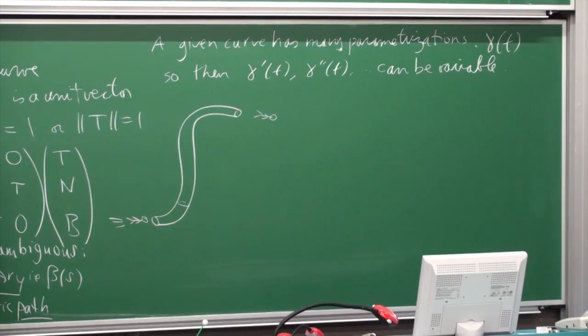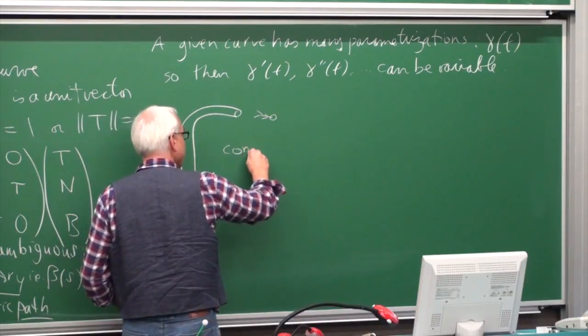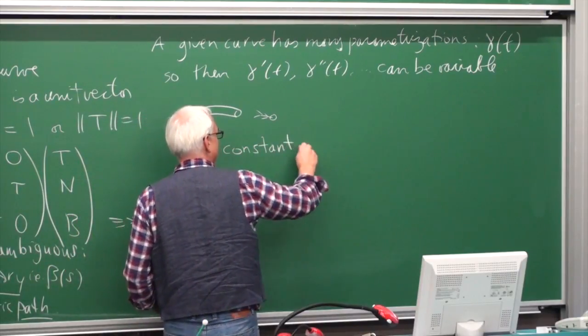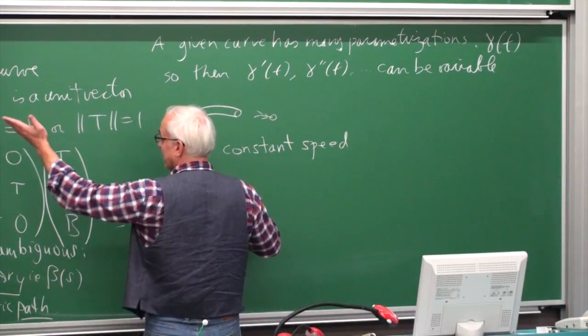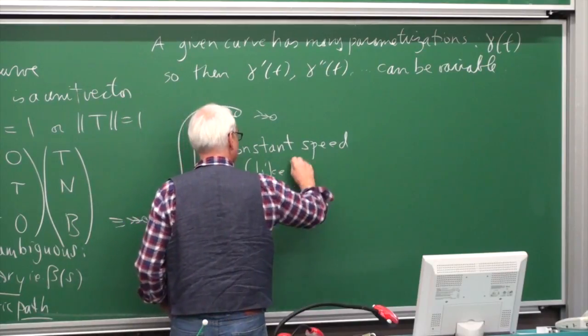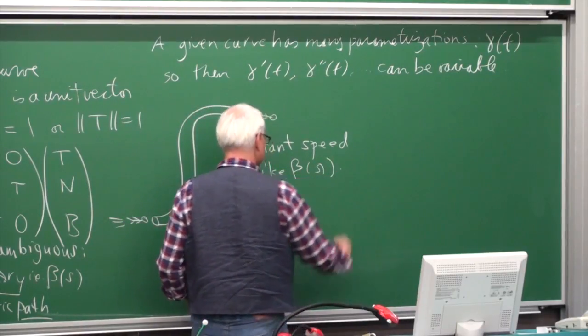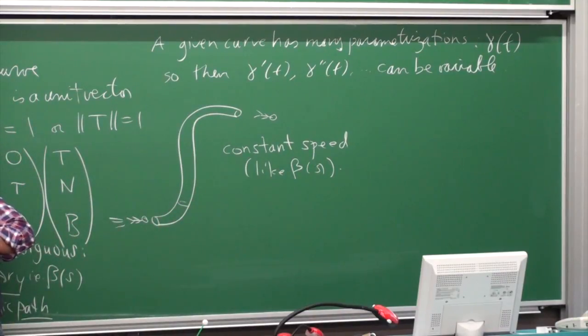So this is really an example of constant speed, or uniform, like a unit speed curve. So it's like beta of s. He could measure arc length by his watch, because he's going at the same speed.